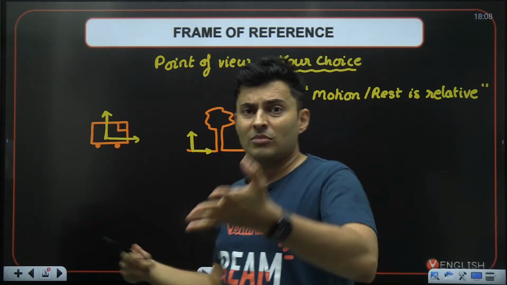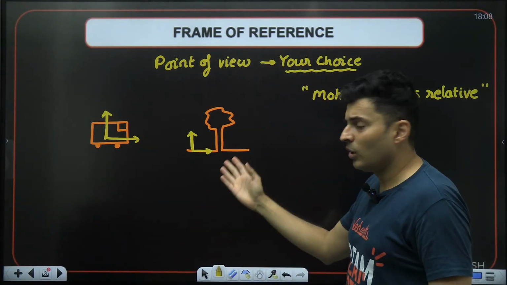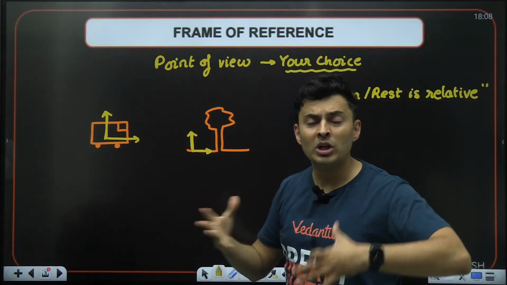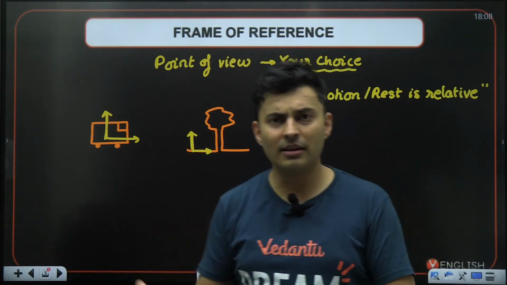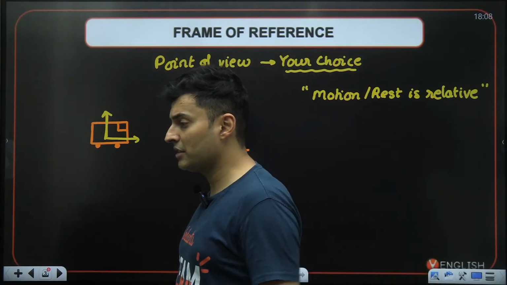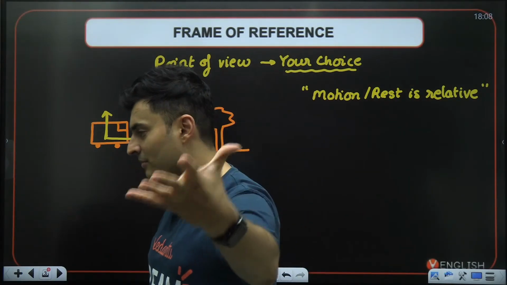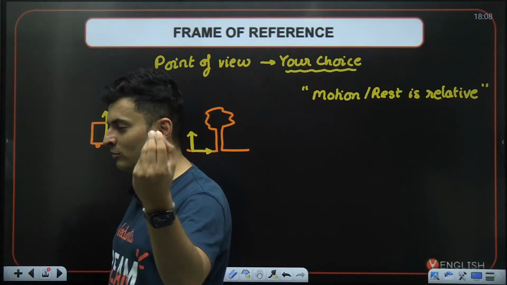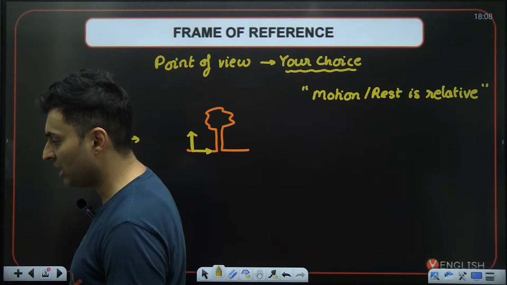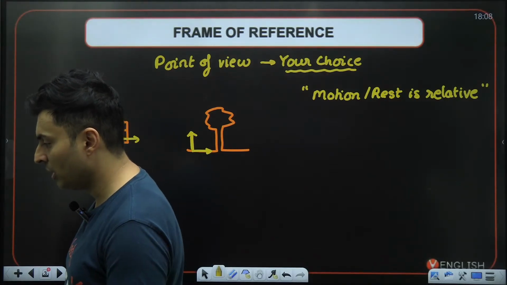Same way, if you are standing on the ground, the bus is moving for you, and the luggage inside it is also moving for you. So obviously motion is relative. It depends on the observer. They say beauty lies in the eyes of the beholder. Same way, motion lies in the eyes of the observer. This is by Shreyas. The earlier one was by some beautiful poet, I guess.